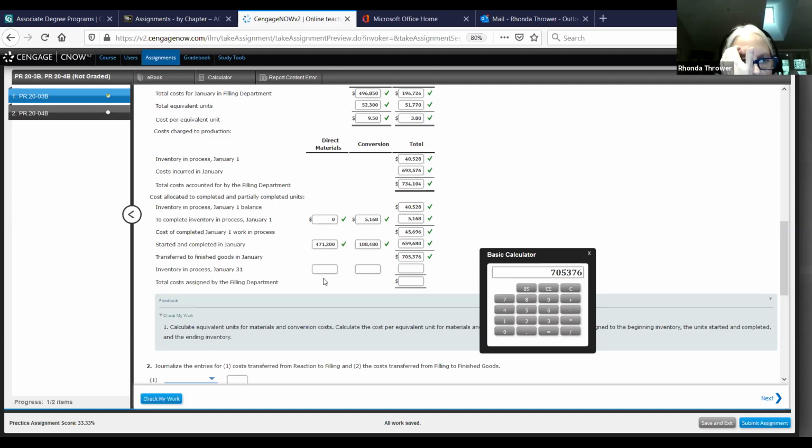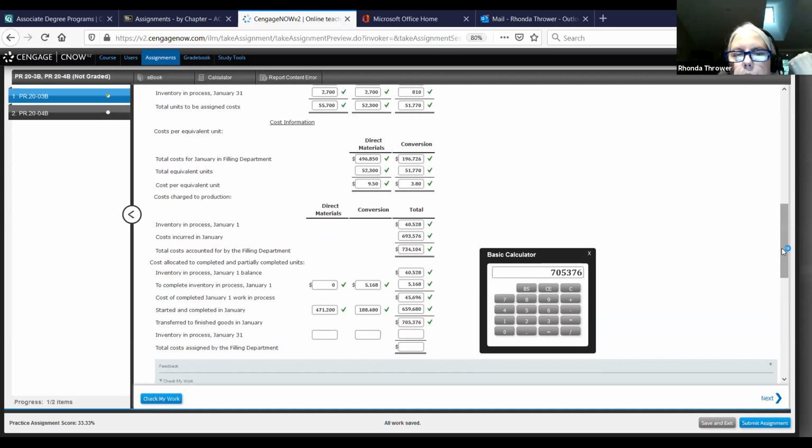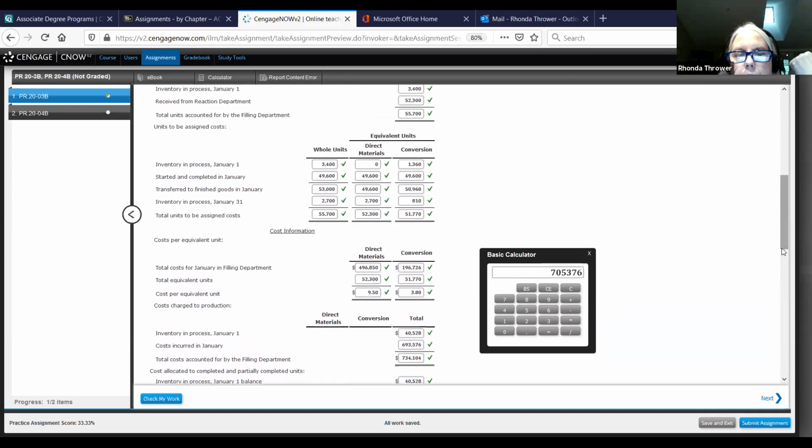So we're going to start with the ending inventory units for materials. Now look where I'm getting these ending inventory units right here. 2,700 units were 100% complete with respect to materials.